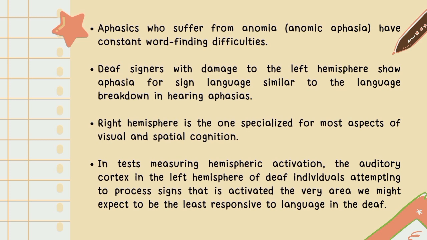Even though deaf people do not hear sounds, the part of the brain that processes sounds, the auditory cortex, is active when they sign. This is surprising because we might think that area would not be used for sign language. This shows that the left side of the brain is still involved in sign language, even though it's a visual language.